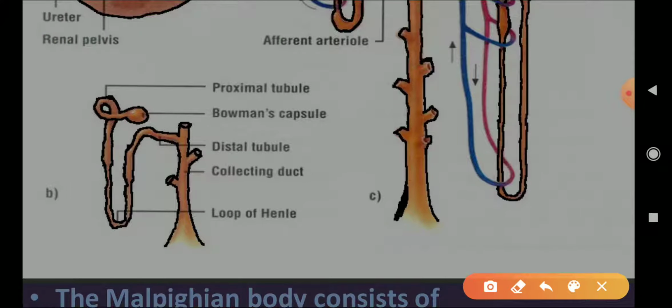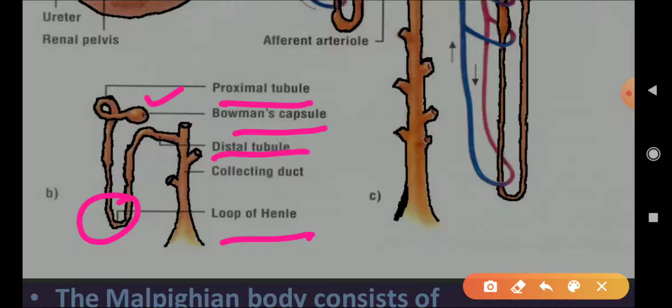The nephron is a cup-shaped structure known as Bowman capsule, followed by a tubule very close to the Bowman capsule, known as proximal convoluted tubule. Proximal means near. The tube-like structure near the Bowman capsule is called proximal convoluted tubule. It is followed by the thin loop-like structure known as Henle's loop, or loop of Henle, and then a thick tube-like structure known as distal tubule.